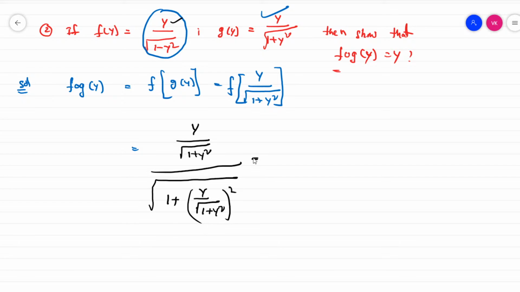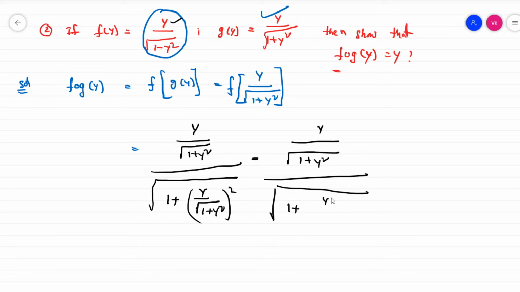Now we have to change the denominator by simplifying. So write the numerator as it is, square root of 1 by y square. Let's go for the denominator. 1 plus whole square means we can write y square whole by square root of 1 plus y square whole square.